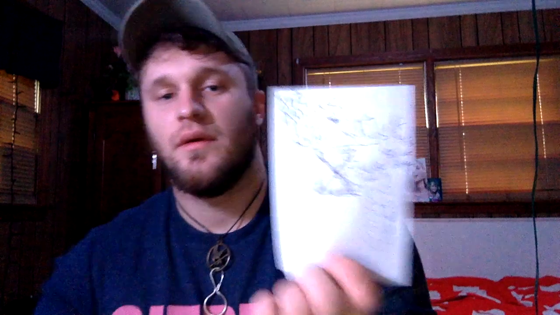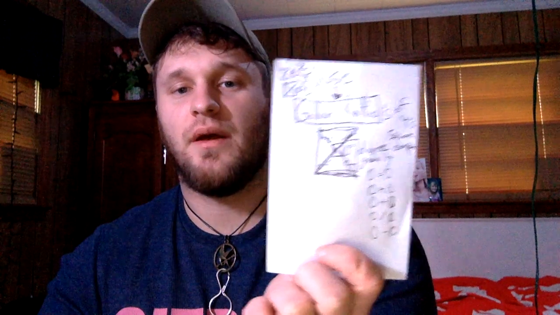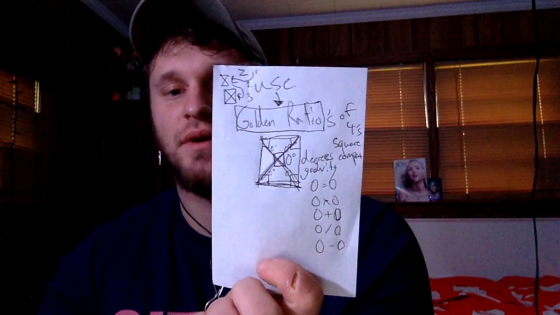Z to hourglass to pyramid. I'm going to show this. And then 1, 2, 3. So there we go. The golden ratio of it equals 0. So it's all good.